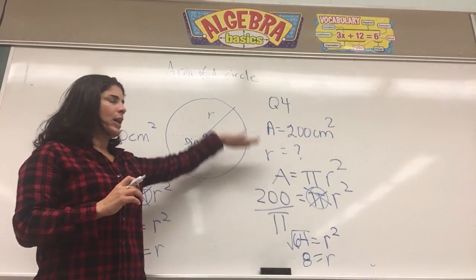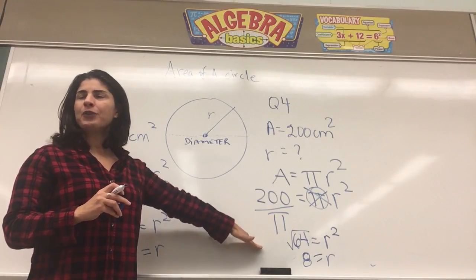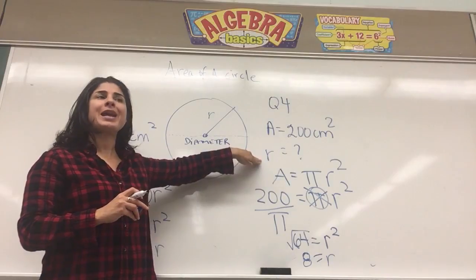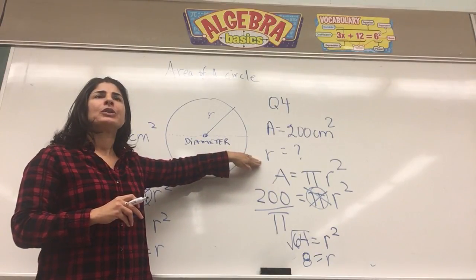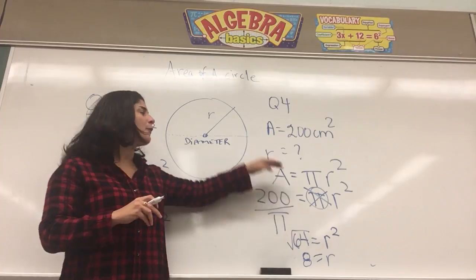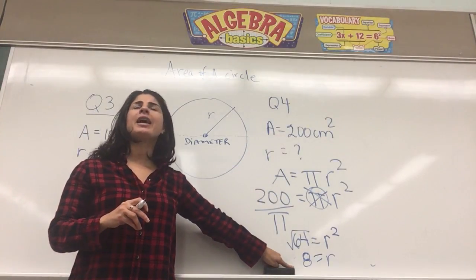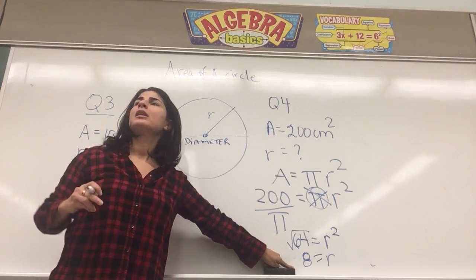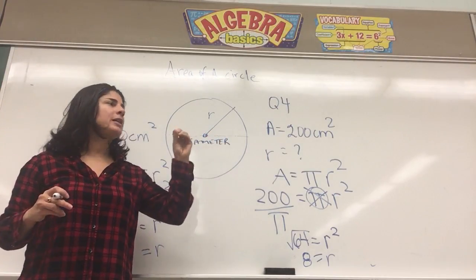Now, please listen. What if the question was not what's the radius, but what's the diameter? What would I do at the end? Would I follow the same steps? Yes, until I got to the very end, where I multiply by 2 because I need 2 radiuses to make the diameter.